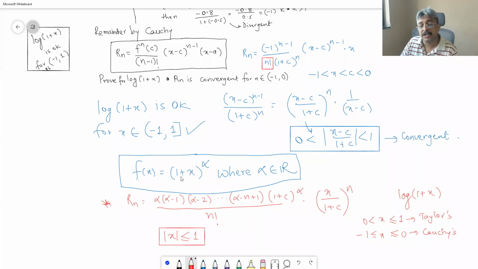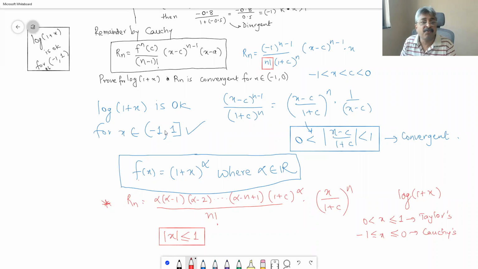So this expansion series will work for a real number alpha, for mod x less than or equal to 1, which we can prove using Taylor's remainder for 0 to 1 and Cauchy's remainder from minus 1 to 0. They are exactly the same terms, so we did not have to write it; it is going to be exactly similar to log 1 plus x.